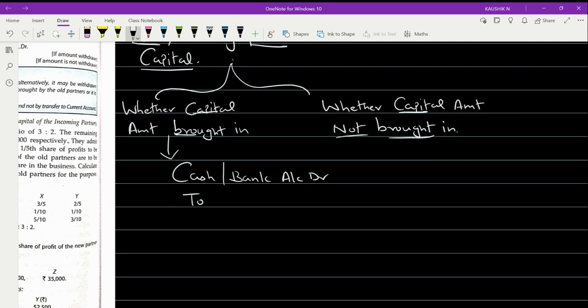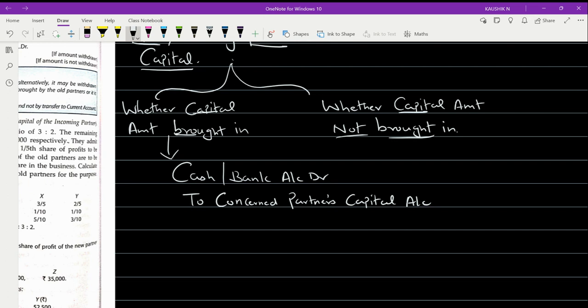So cash or bank account debited to concerned partner's capital account. This is the case where he brought the amount.